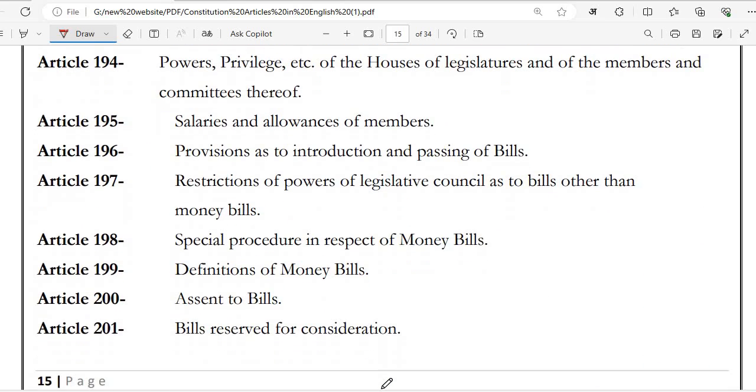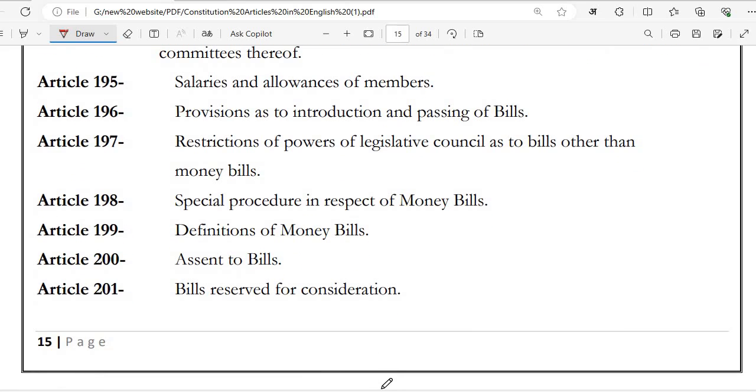Nothing is important. Same the Article 190, provision as to introduction and passing of bills, money bill, ordinary bills, financial bills. Money bills, Article 198, special provision in respect of money bills as we have discussed. Definition of money bill, same.